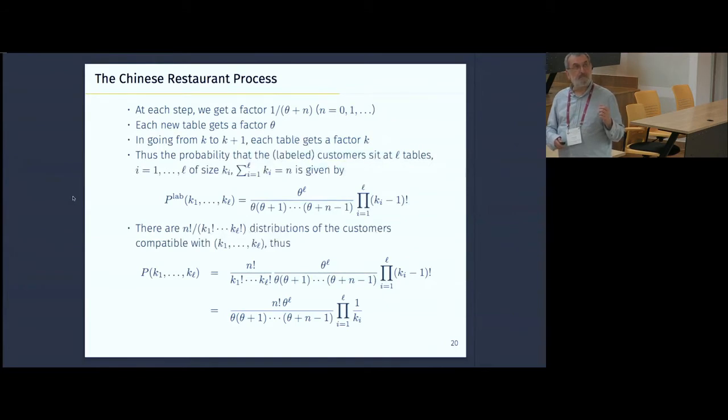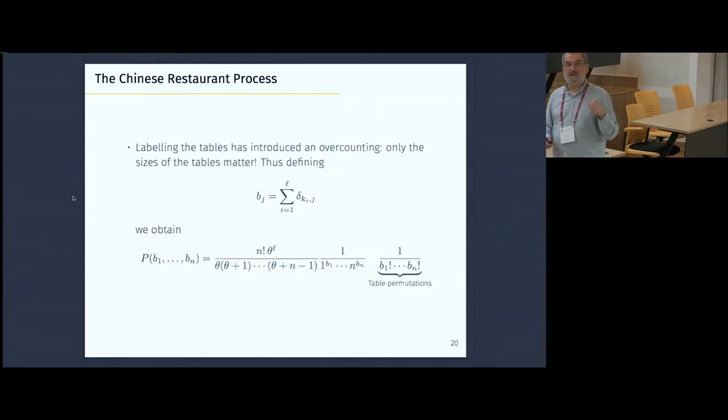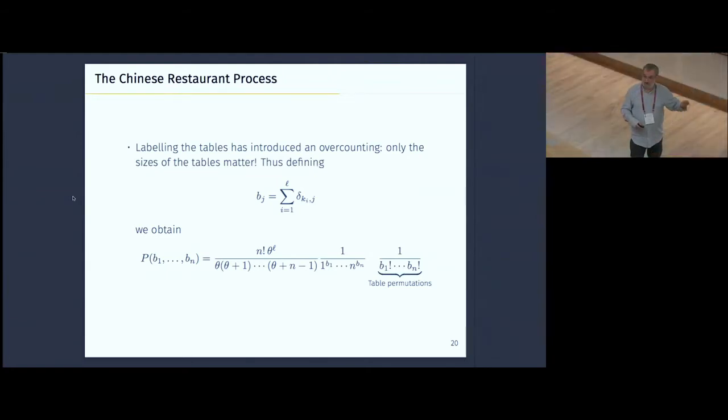And finally, labeling the tables has introduced an overcounting. We are not interested in knowing which table is which, so we have to divide by the permutations of the labels of the tables. This gives us this table permutation factorial. All right?